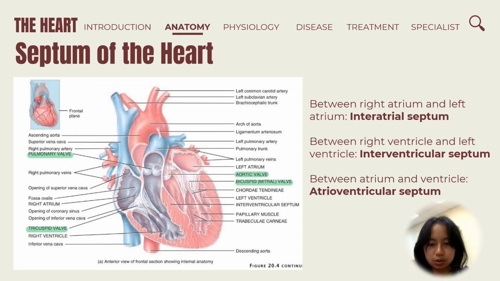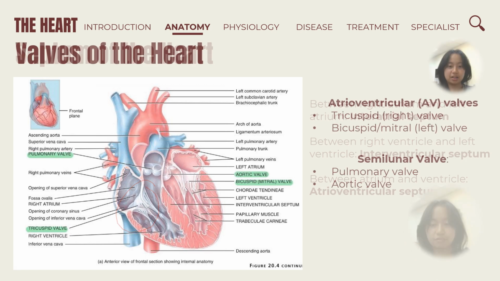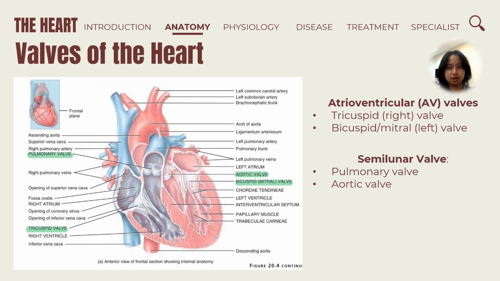Now, the structures that we see here, which appear door-shaped, are what we call the valves of the heart. The valves of the heart are divided into two: the atrioventricular valves and the semilunar valves. The atrioventricular valves are located between the atria and the ventricles, meanwhile the semilunar valves are located between the ventricles and the great vessels.